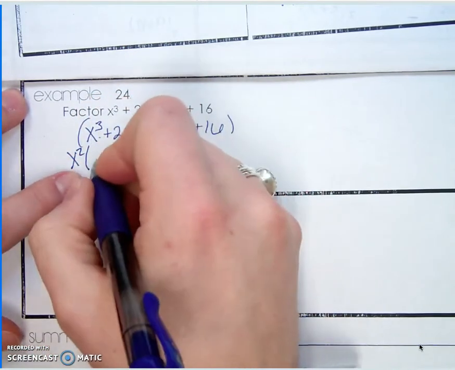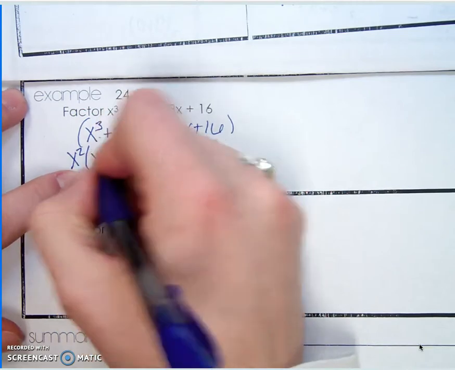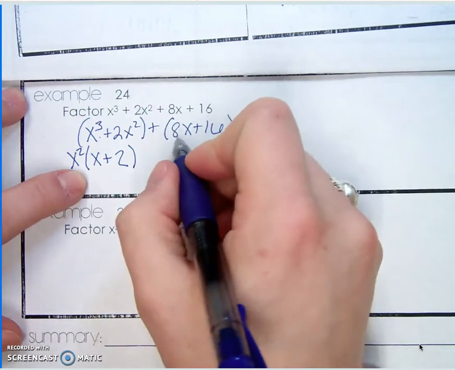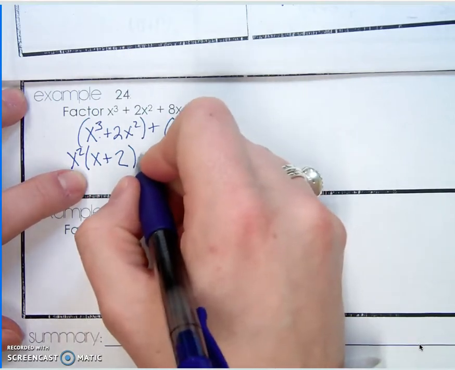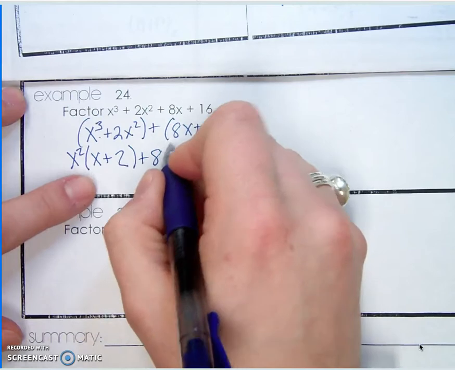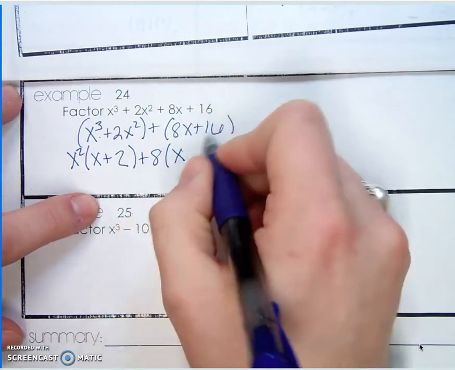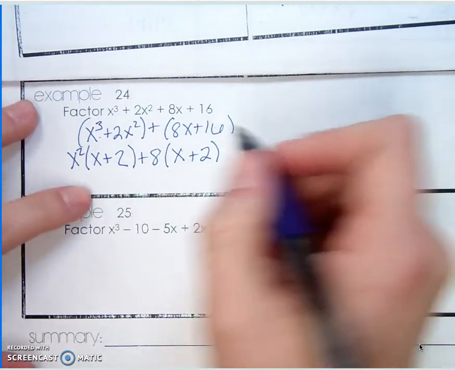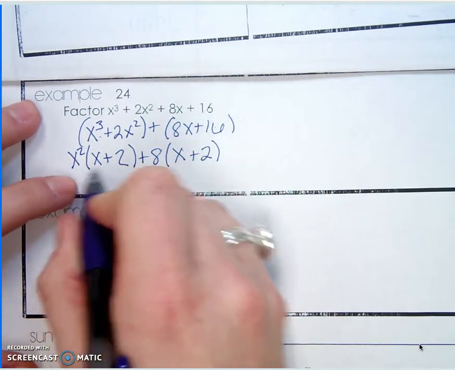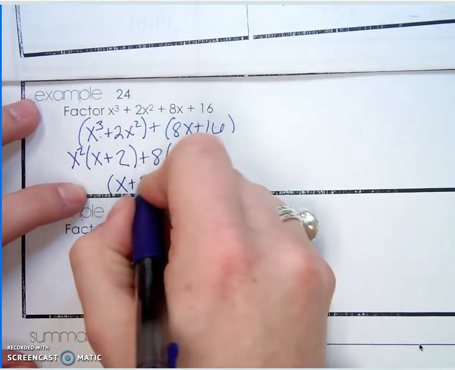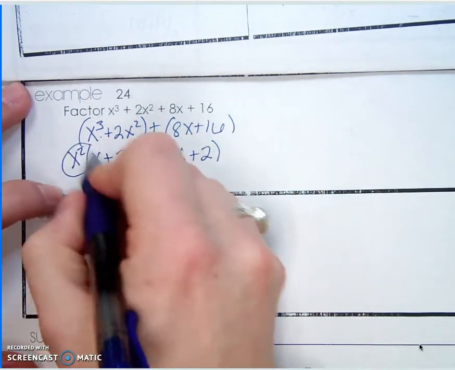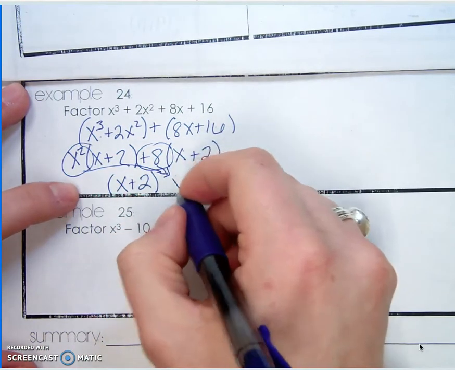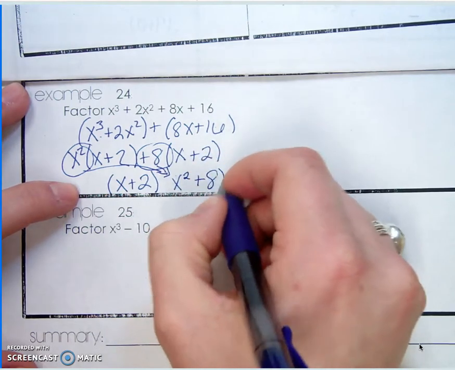X cubed divided by x squared is x, and then I'm left with a positive 2. I can pull an 8 out of the 8x and the 16. I'm left with x, and 16 divided by 8 is a positive 2. So now I have x plus 2 as my first binomial, and then my second binomial is what's left, x squared plus 8.